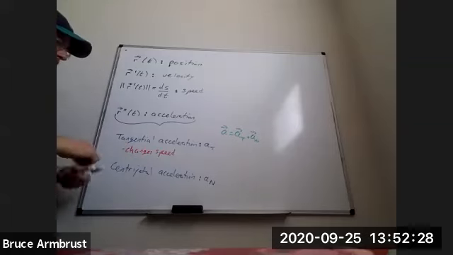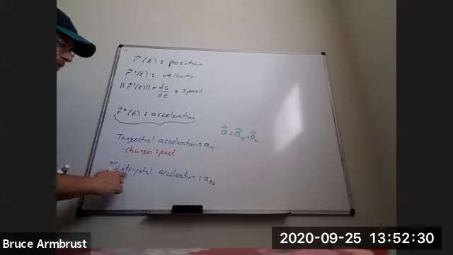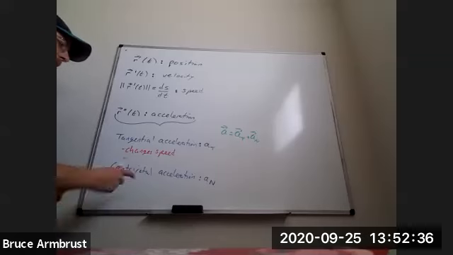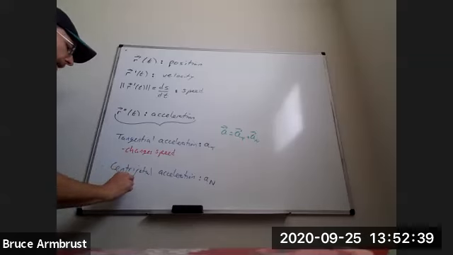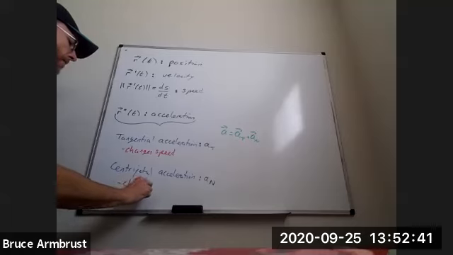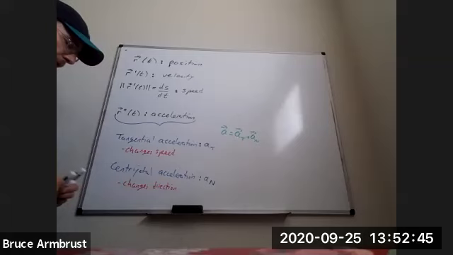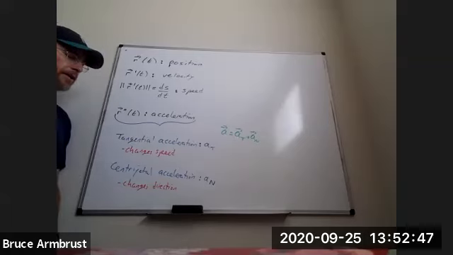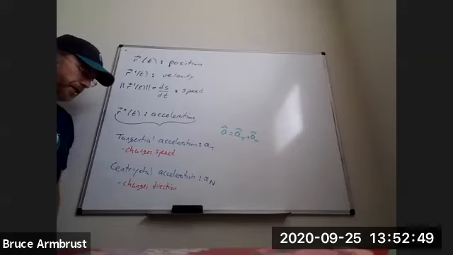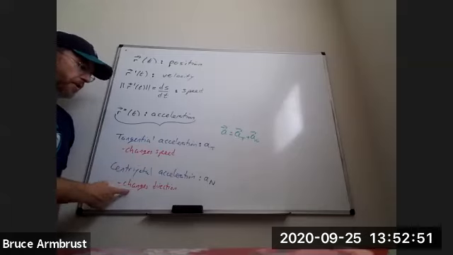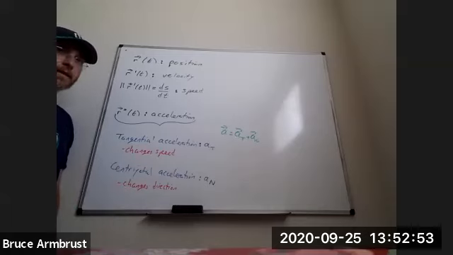And then the centripetal acceleration, and remember centripetal means centrally pointing. So this is pointing towards the center of that oscillating circle. This changes the direction. So if you have a particle whose direction is not changing, or whose path is not changing, it's going through no centripetal acceleration.